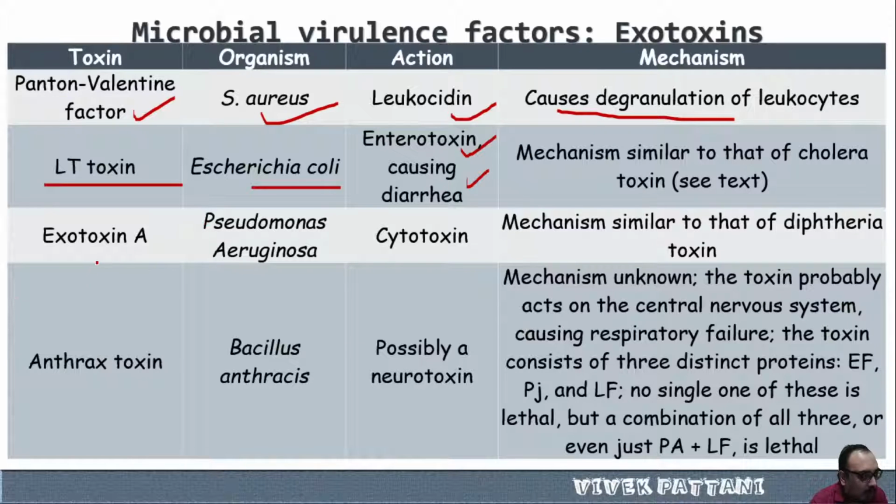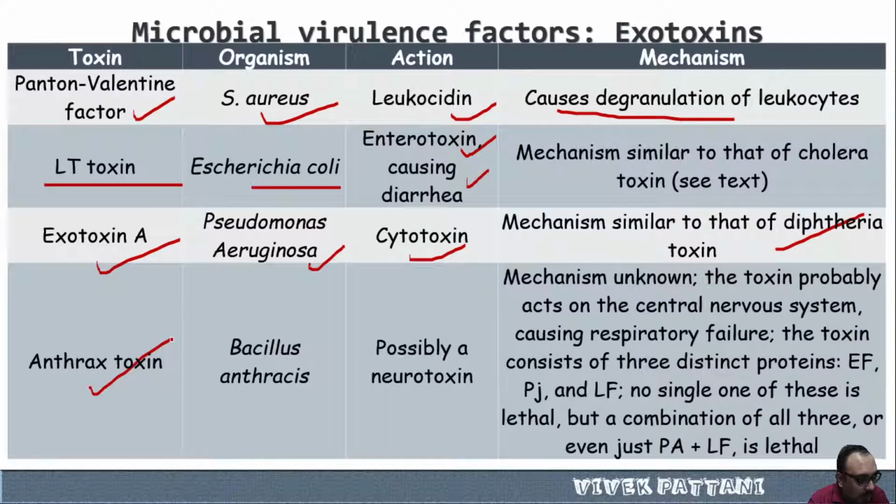Now next comes the exotoxin A. The organism involved is Pseudomonas aeruginosa. The mode of action is of a cytotoxin, and its mechanism is similar to that of diphtheria toxin.